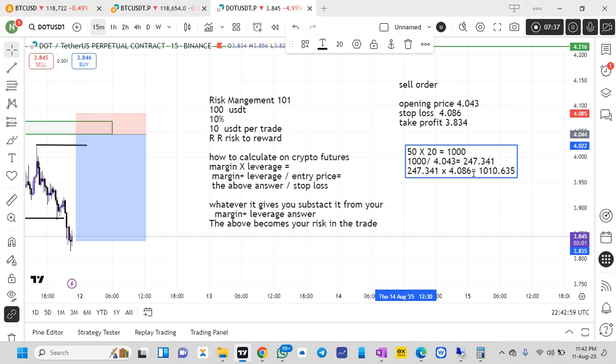Now what are we going to do next? This 1,010.635, we want to subtract it from the original 1,000.